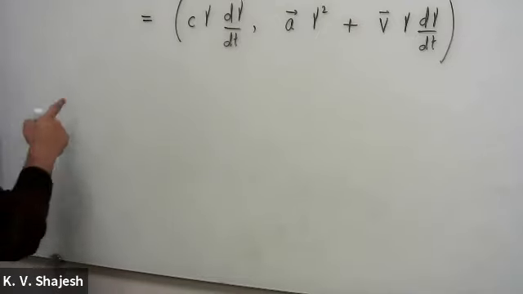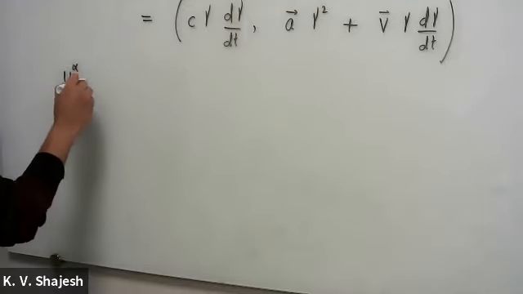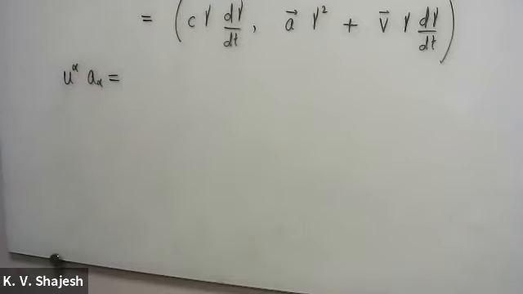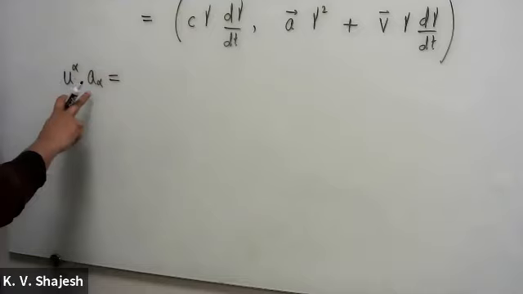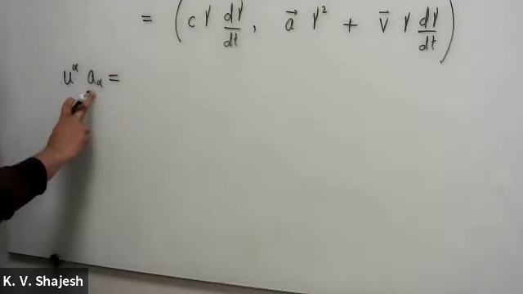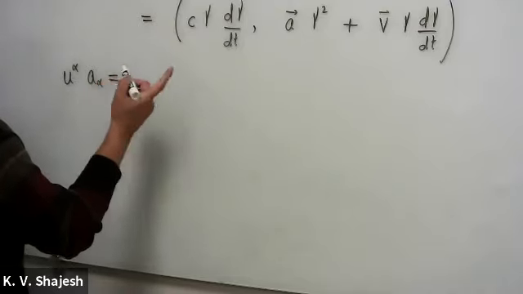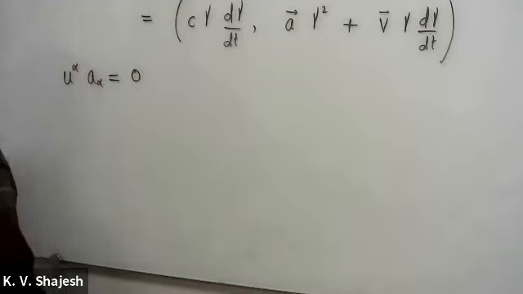So let's do that using the fact that u alpha a alpha is equal to, this is a time-like vector, that's a space-like vector, and that's equal to 0, is that right? This product is equal to 0.